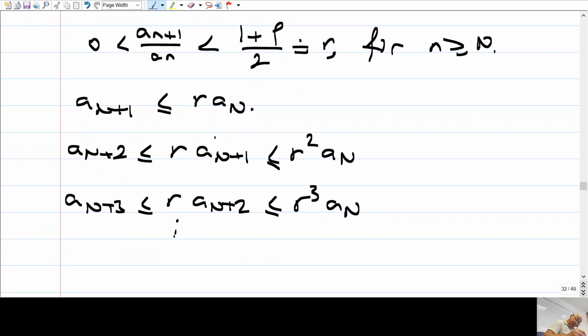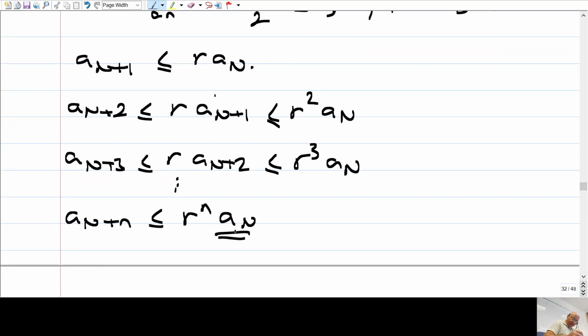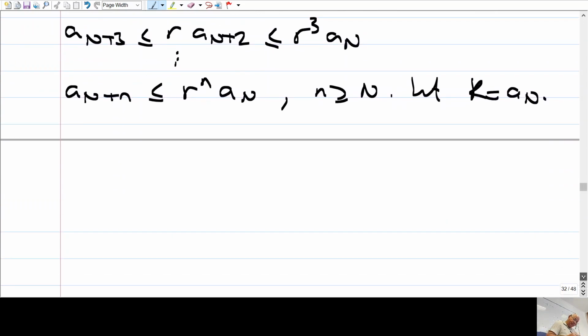So this way, we see that a_{N+n} is less than r to the power n times a_N. You see, this is fixed for each n larger than N. This thing is less than r to the power n times this fixed number. Okay, so let, for example, k be a_N, which is a positive number.